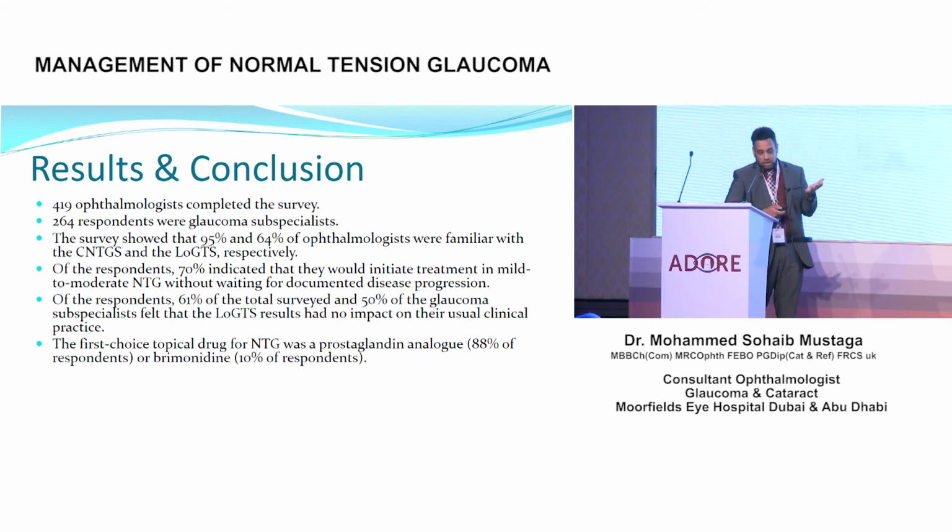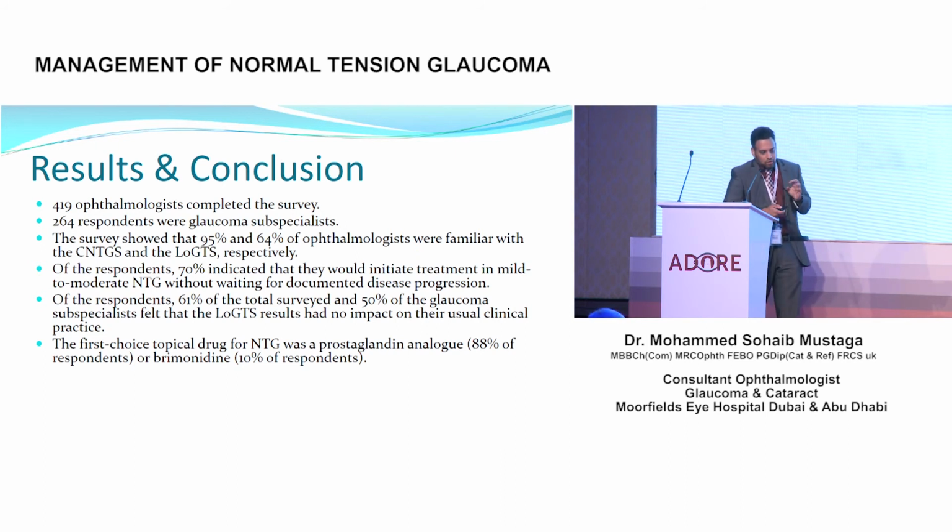and these two studies. And of the respondents, 70% indicated that they would initiate treatment for mild to moderate normal tension glaucoma without waiting for any documented disease progression. So that means that basically you need to start treating these patients early. And despite all that, some of these patients will still continue to progress.